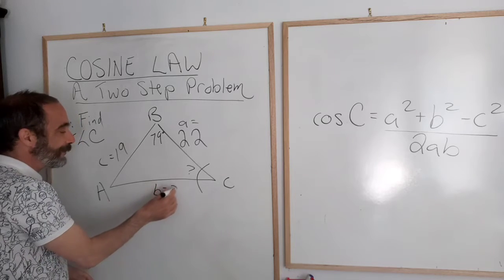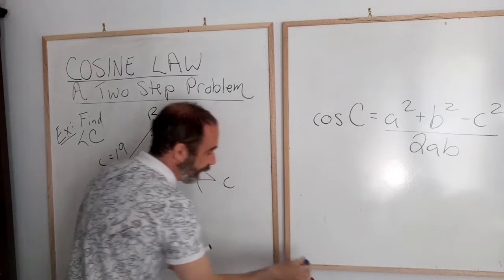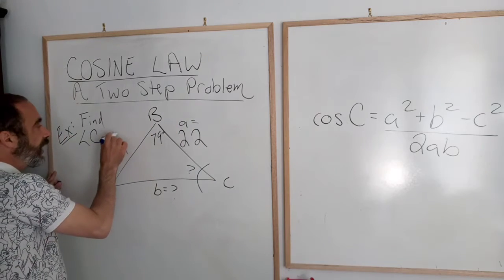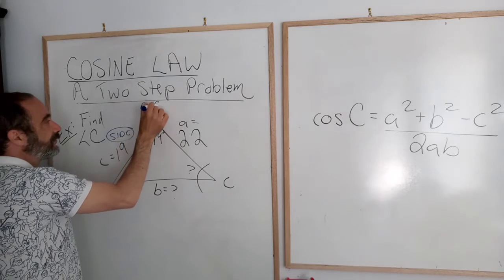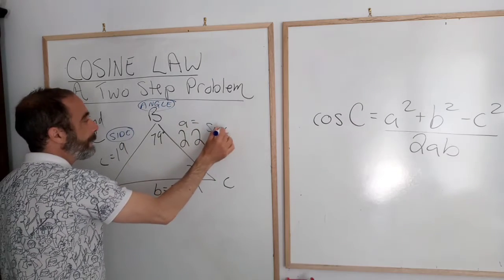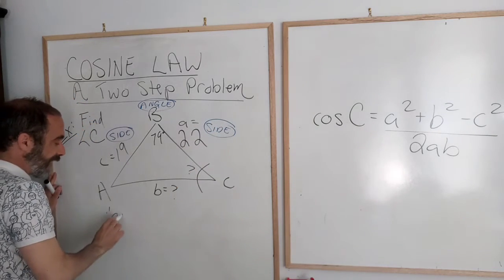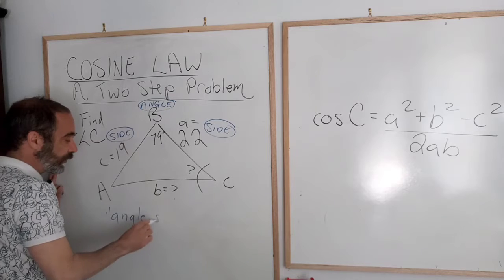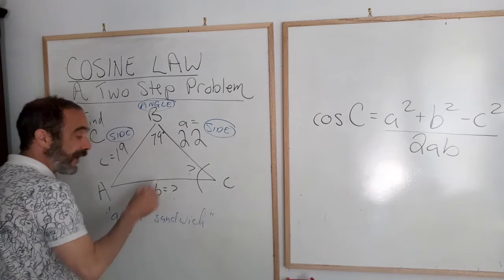We can find side B because here we have that infamous side, angle, side. So we have that angle sandwich. And whenever you have that angle sandwich, we can actually use the cosine law to find this unknown side.